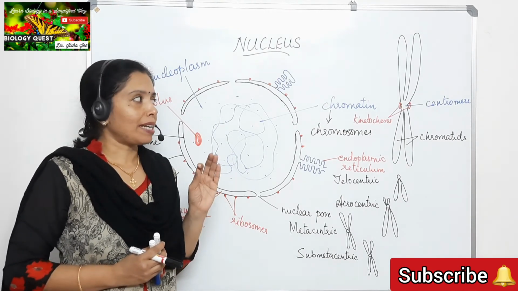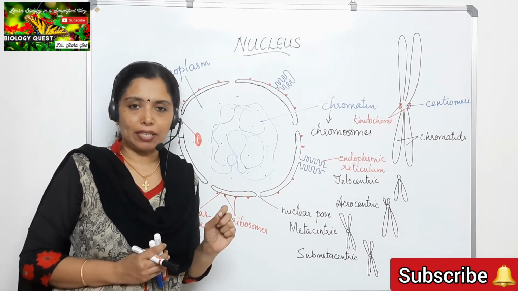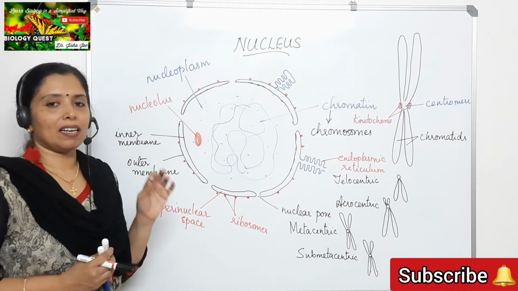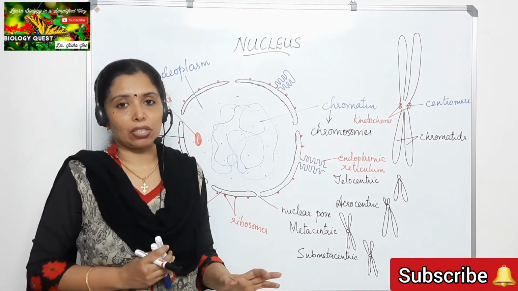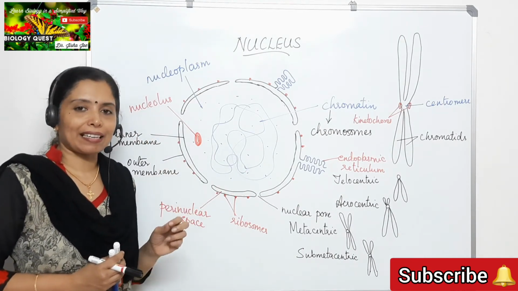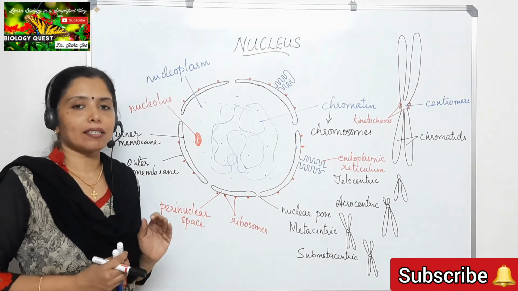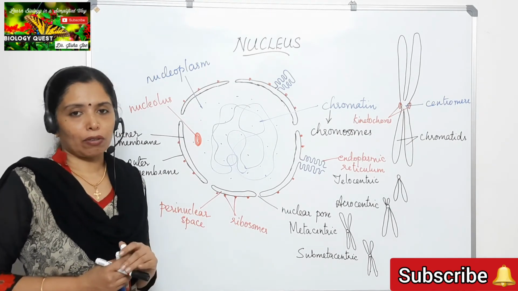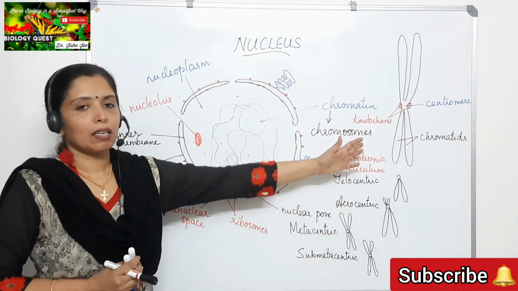Only a few chromosomes will have the secondary constriction, in addition to the primary constriction, and chromosomes having secondary constrictions are said to be satellite chromosomes. So that is with regard to the chromosome.